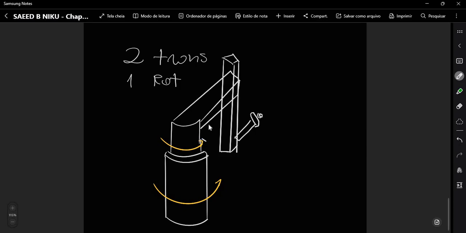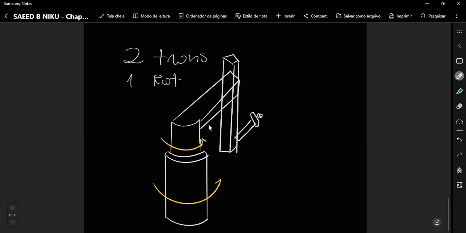So both the Cartesian and cylindrical coordinate systems don't allow us to change the orientation of the end effector.